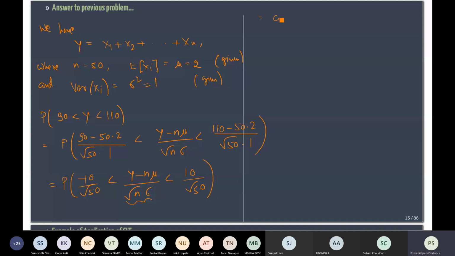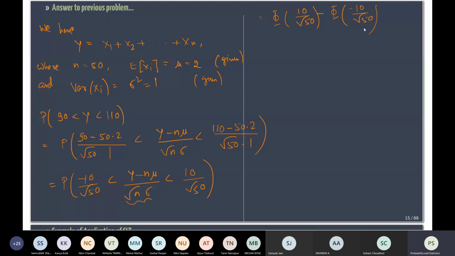So this will be phi of 10 by square root of 50 minus phi of minus 10 by square root of 50, that is phi of b minus phi of a.